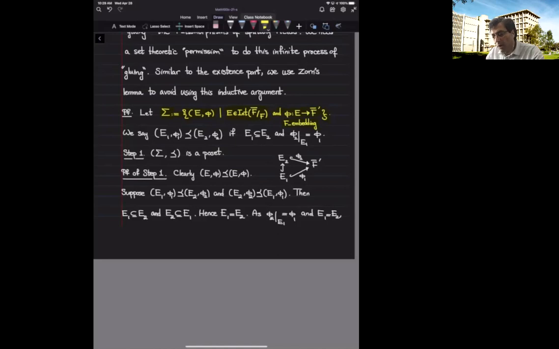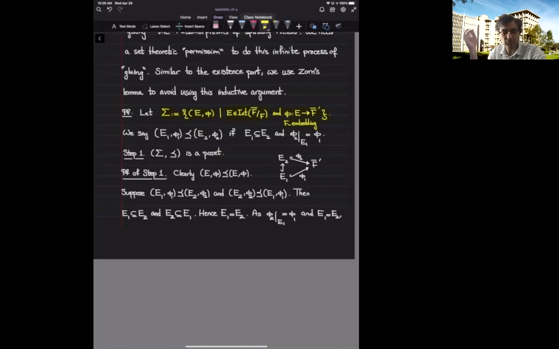Now, we want to say that we can also find f bar comma theta in this set, and therefore we can embed f bar into f bar prime. So that is our goal. You see, we want to find the largest intermediate subfield possible. In order to do so, we are going to argue that this set does have a maximal element.